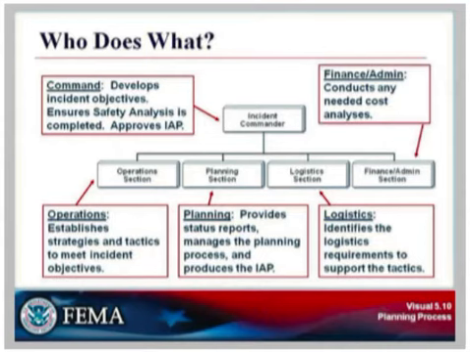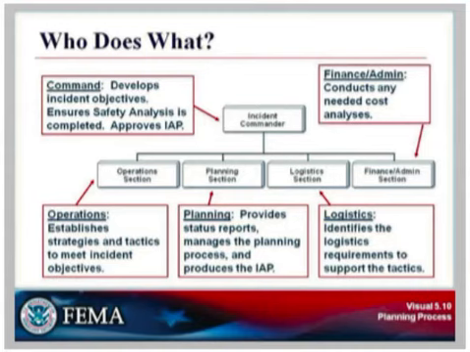The logistics section chief ensures that resource ordering procedures are communicated to appropriate agency ordering points, develops a transportation system to support operational needs, ensures that the logistics section can support the incident action plan, completes assigned portions of the written incident action plan, and places orders for resources.